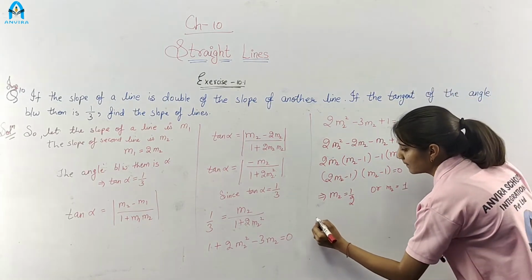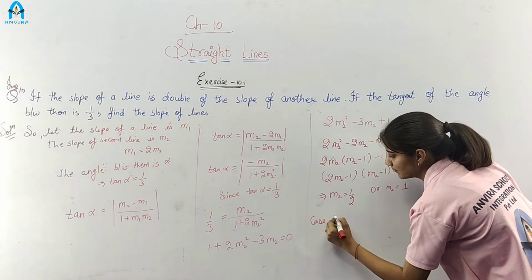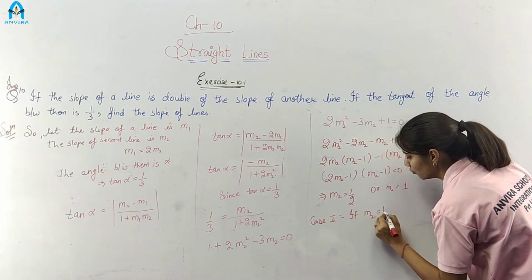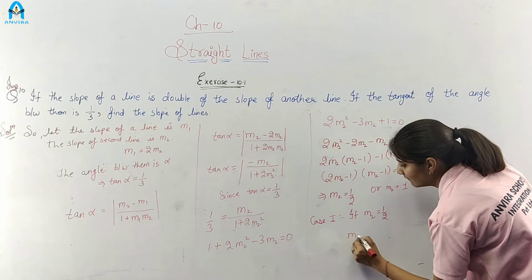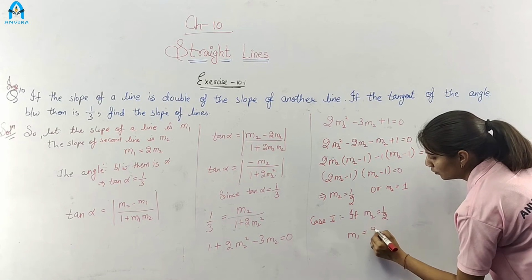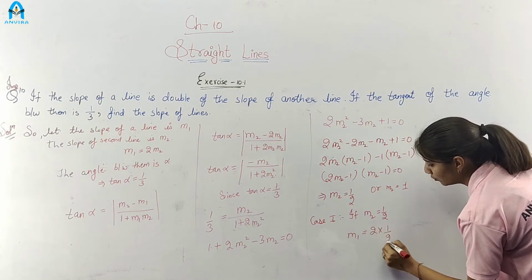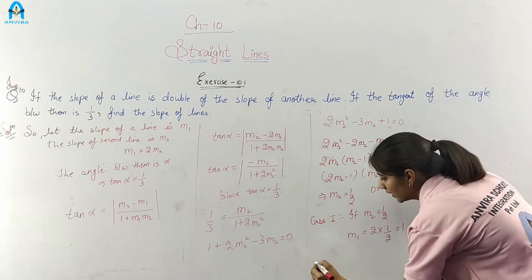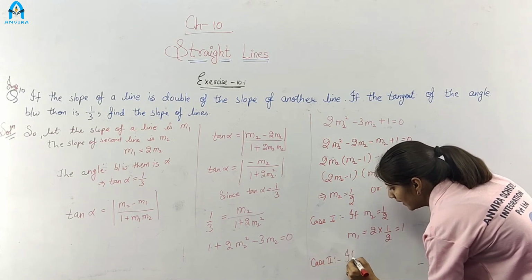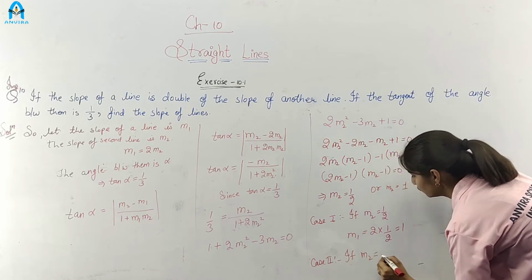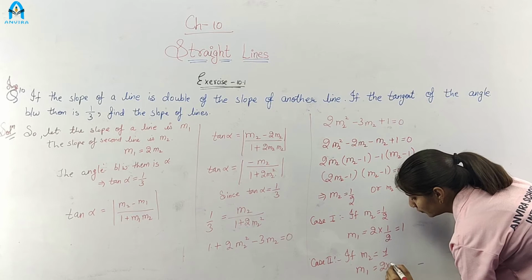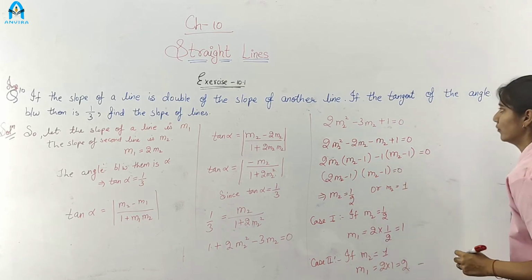So if case first, if m2 is equal to 1 by 2, then m1 is equal to 2 into 1 by 2, that is 1. Or if case second, if m2 is equal to 1, then m1 is equal to 2 into 1, that is 2.